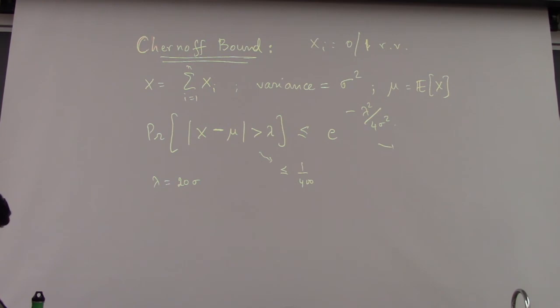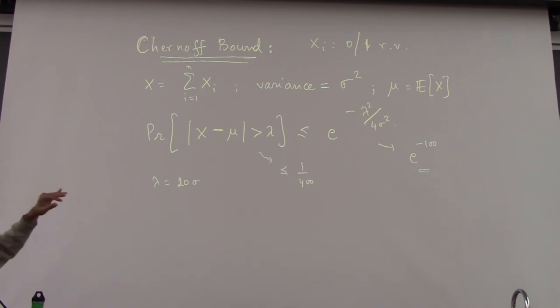Whereas this tells you it's smaller than or equal to e to the minus 100. This is an extremely tiny quantity, probably the inverse of the number of atoms in the universe, and here this is just 1 over 400. So this is the difference between the two.